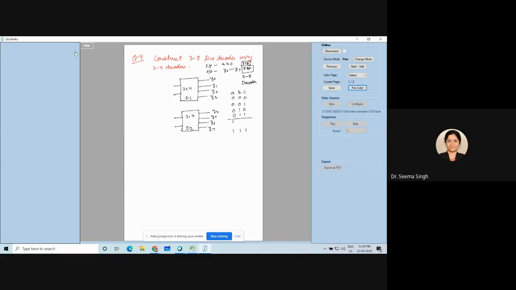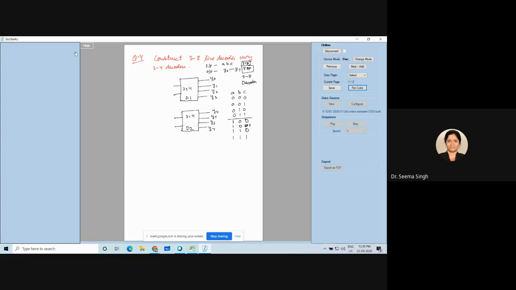For another 4 cases, A is 1. Then BC will be 0, 0, then 0, 1, then 1, 0, and then 1, 1.